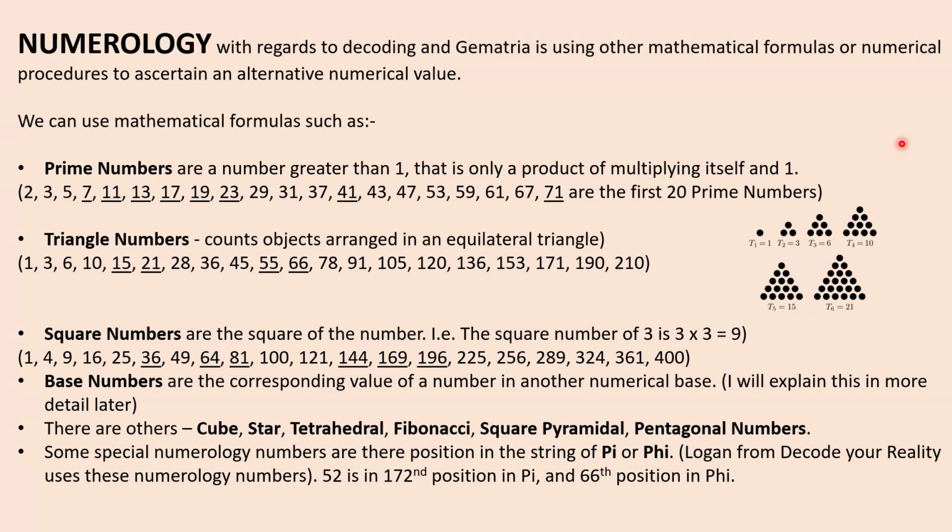Triangle numbers count objects arranged in an equilateral triangle. So the first 20 triangle numbers are given here. And you can see interesting numbers here. And this is how it works. So the first triangle is 1, there's 3, 6, 10, etc. Square numbers are the square of a number.